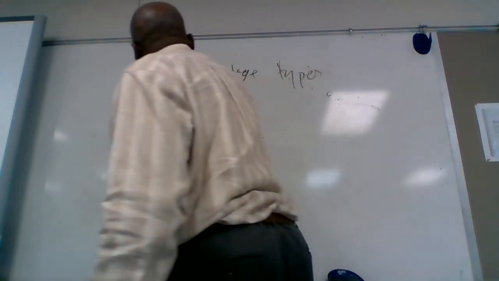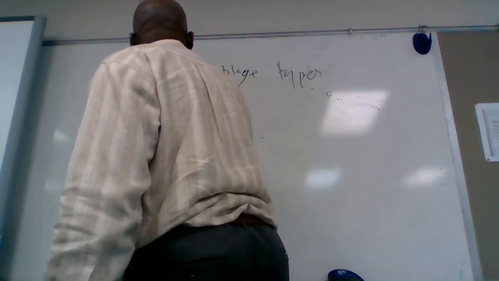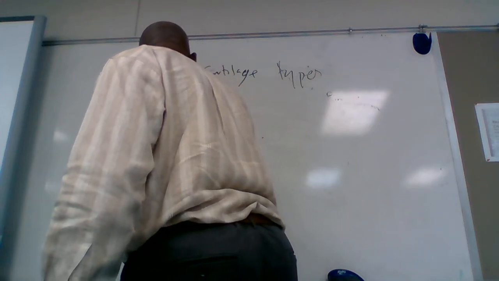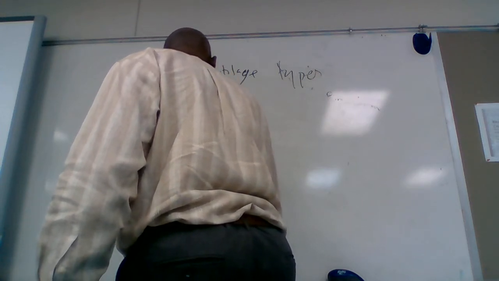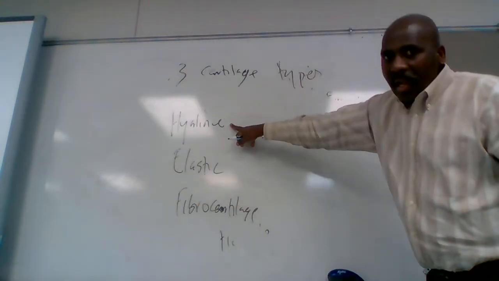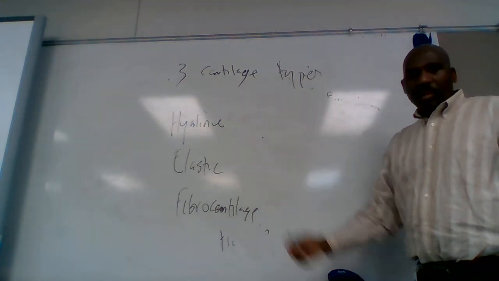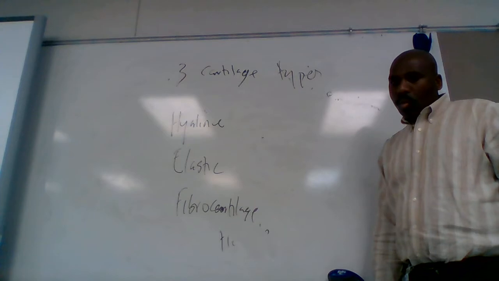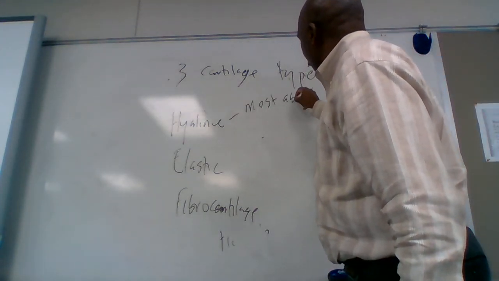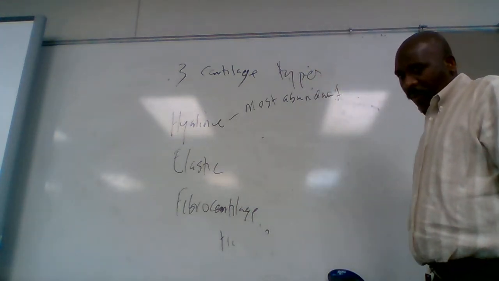We have hyaline cartilage, elastic cartilage, and fibrocartilage. These are the three types of cartilages we find in the human body. Now, the hyaline cartilage is the most abundant cartilage in the human body.